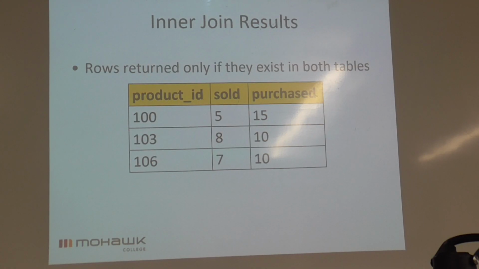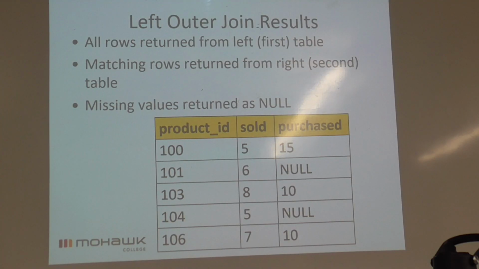So, this is the result of a left outer join. Notice all of the product IDs in the sold table are represented.